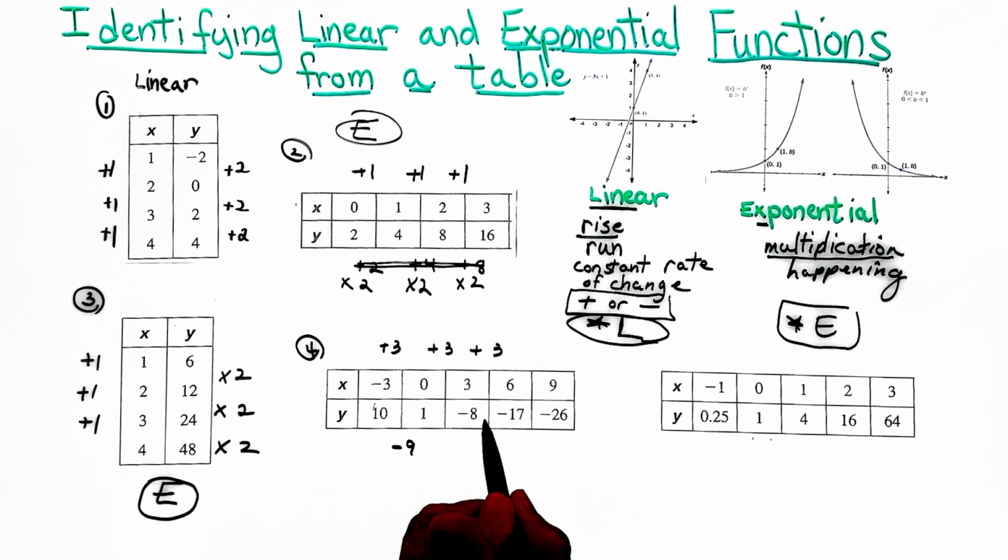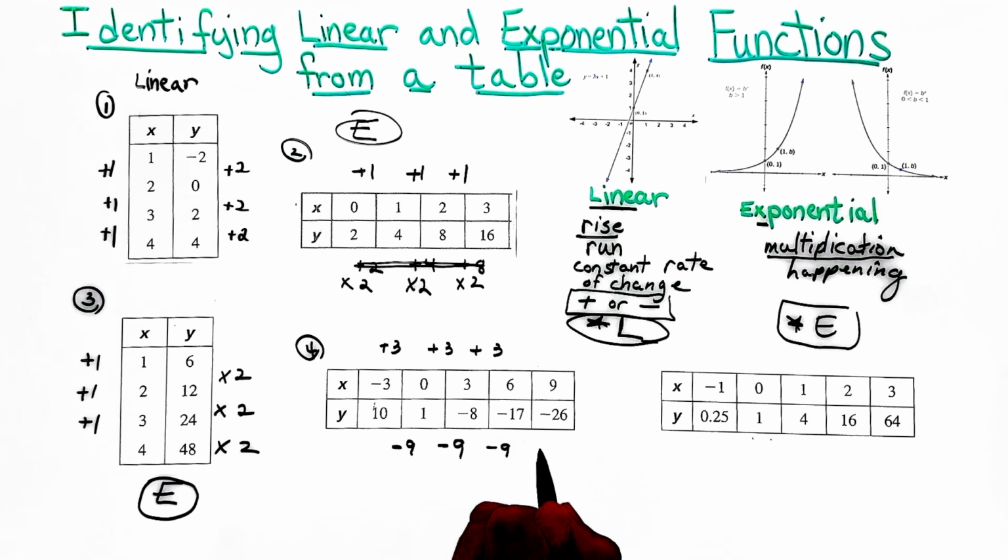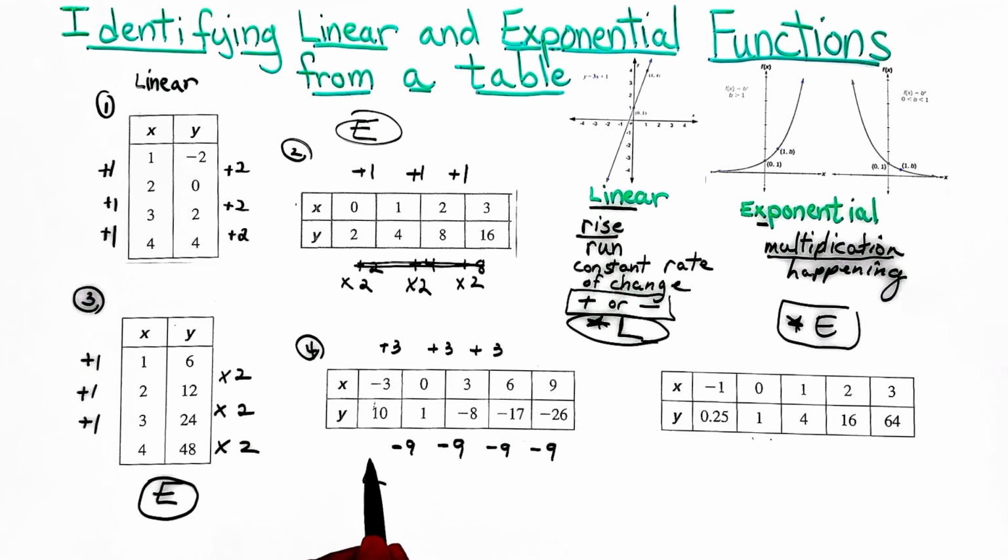And from 1 to -8, I am subtracting 9. I'm decreasing, going down 9 for each one of these. And again, it doesn't have to just be adding. It can be decreasing or subtracting. So this definitely is a linear function.